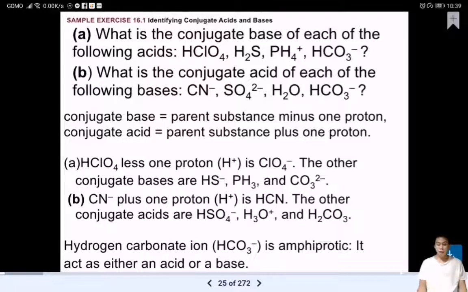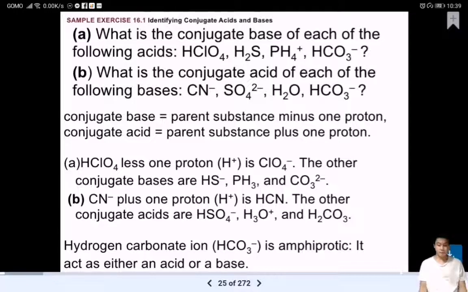And what is the conjugate acid of each of the following bases? CN-, SO4 to the power of 2-, H2O, HCO3-. So, for number 1, a conjugate base is the parent substance minus 1 proton. Then a conjugate acid is the parent substance plus 1 proton.